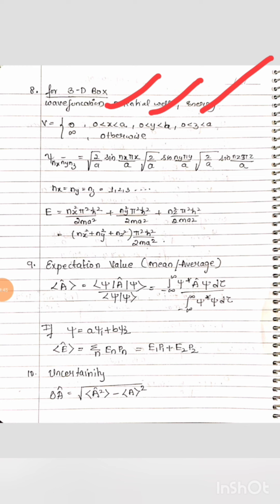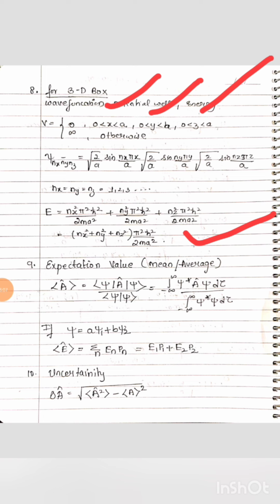Okay, where nx, ny and nz will take the values 1, 2, 3 and so on. And the energy formula for the given wave function is nx square plus ny square plus nz square times pi square h cut square divided by 2 m a square. This is the value for the 3D box.